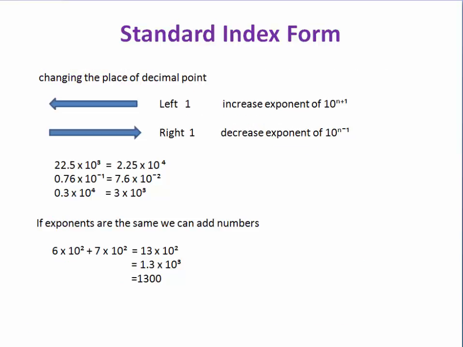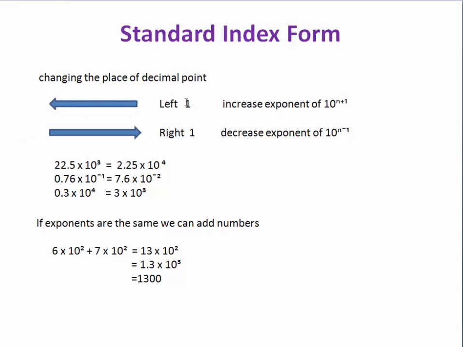Right, if we're calculating in standard index form and we get a number which isn't in scientific notation, but it's still to the power of something, we have to move the decimal point. Here we'd have to move the decimal point 1 place to the left to get 2.25, and then we'd have to adjust our exponent on the 10.